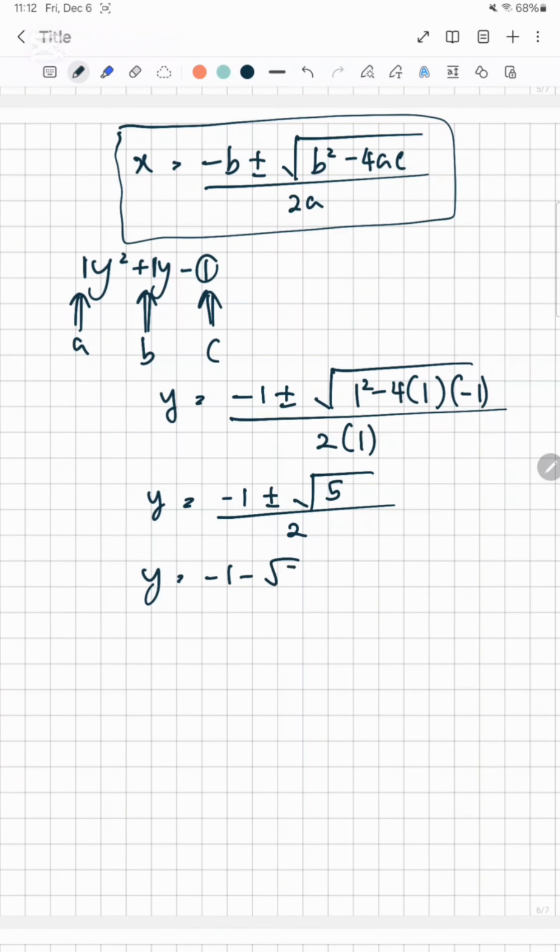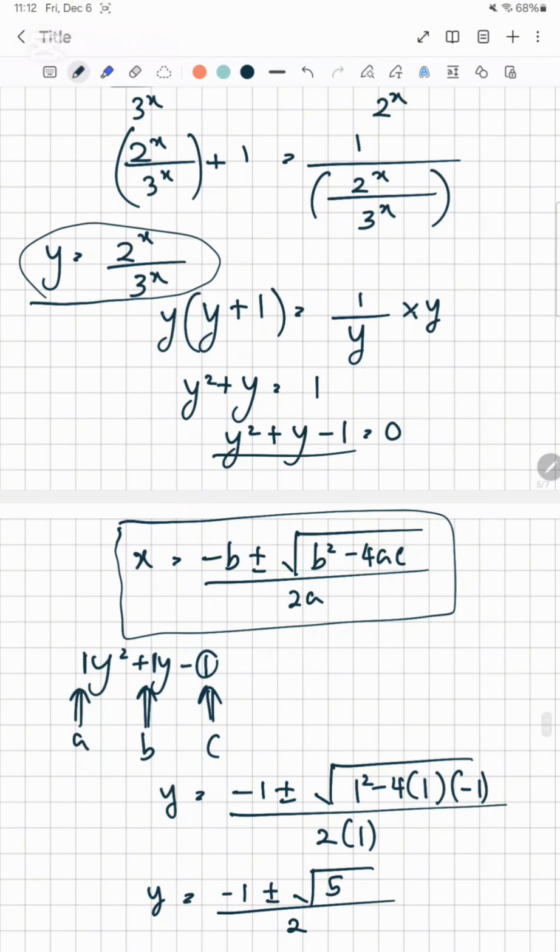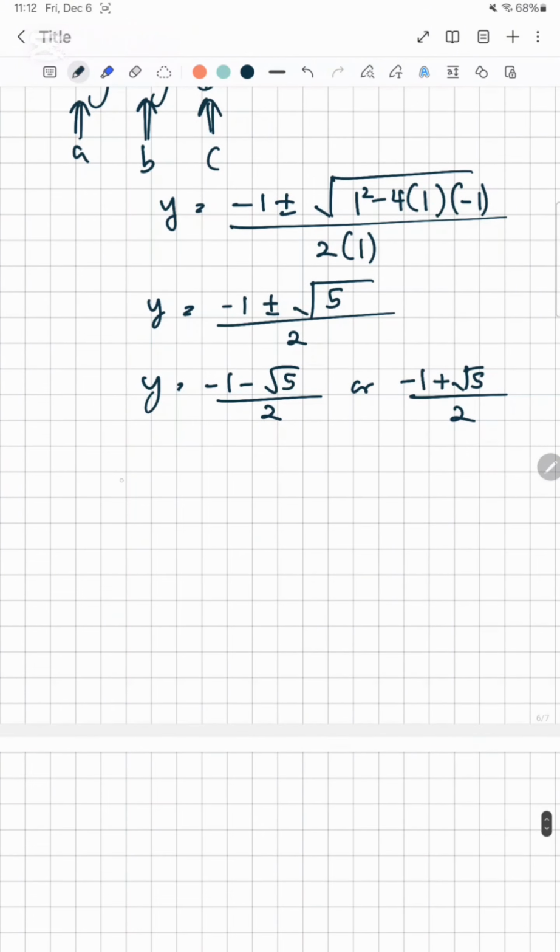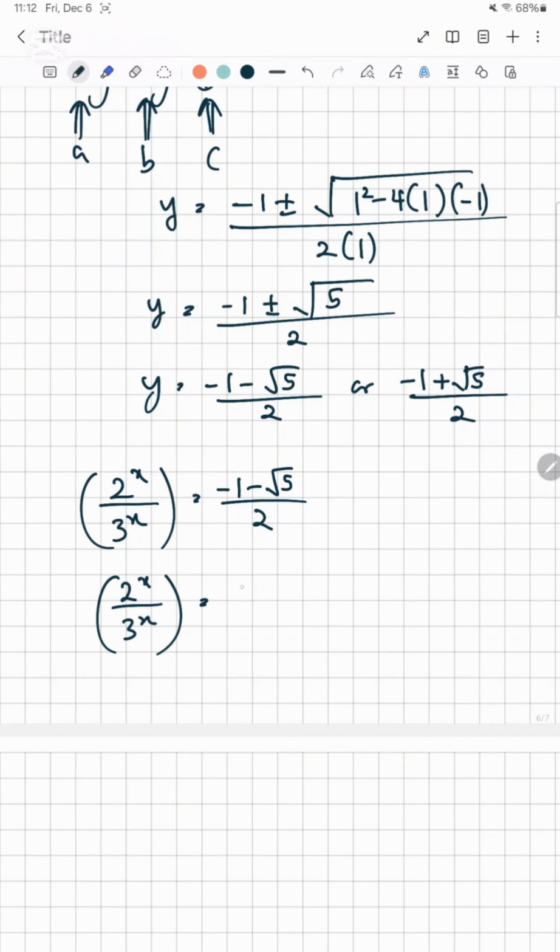Now we had y equals 2 to the power x over 3 to the power x. So 2 to the power x over 3 to the power x equals minus 1 minus root 5 over 2, or 2 to the power x over 3 to the power x equals minus 1 plus root 5 over 2.